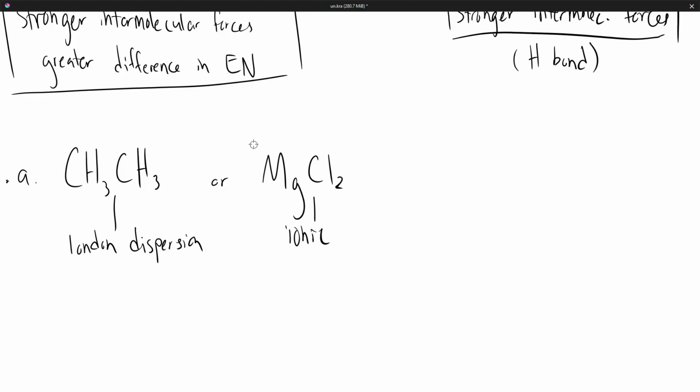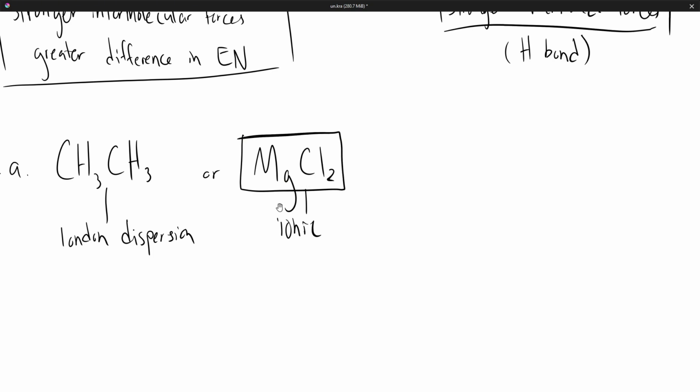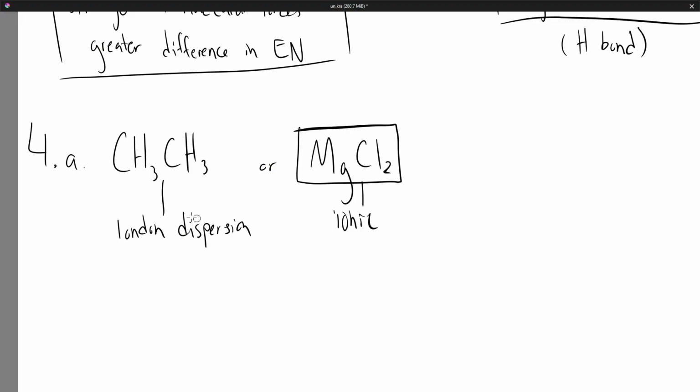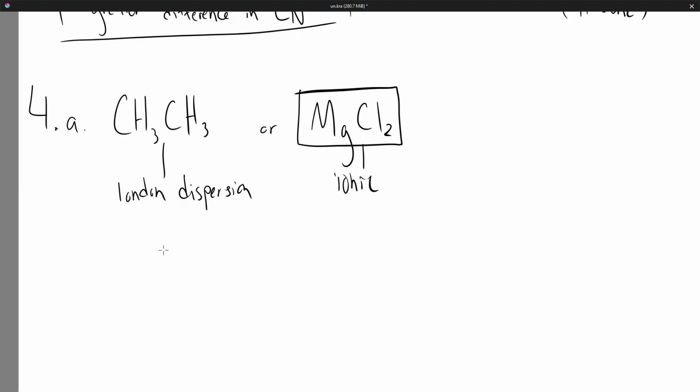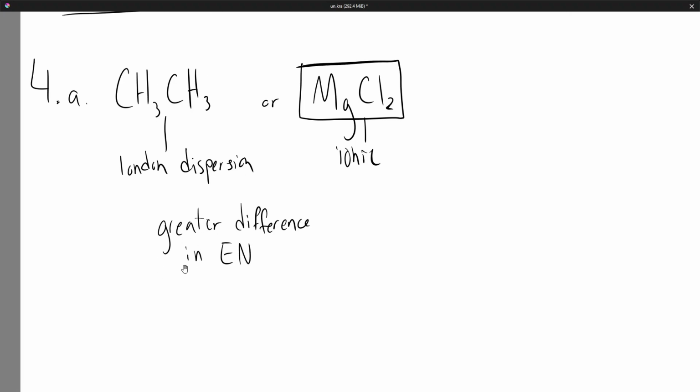It had to be magnesium chloride because, like I said, it's an ionic bond, and these have the weakest forces. So for this, you could just box your answer, and for your explanation, say greater difference in electronegativity, or you could word it as greater change in electronegativity.